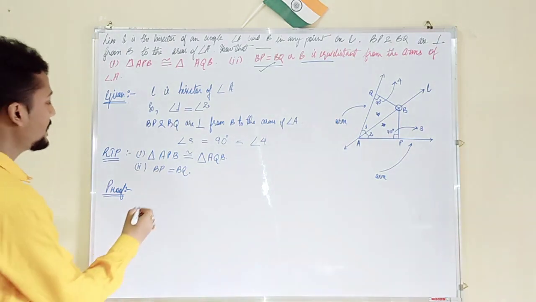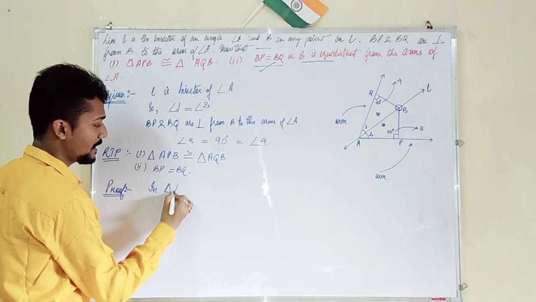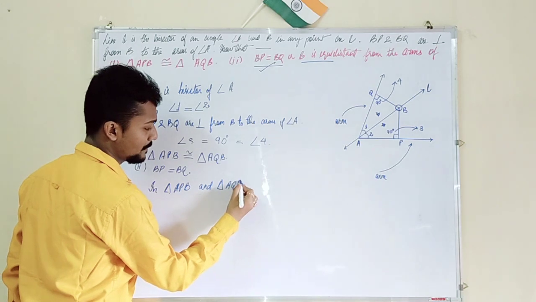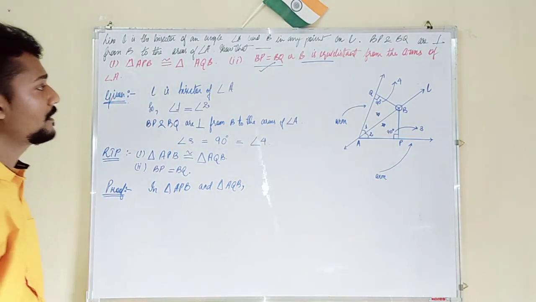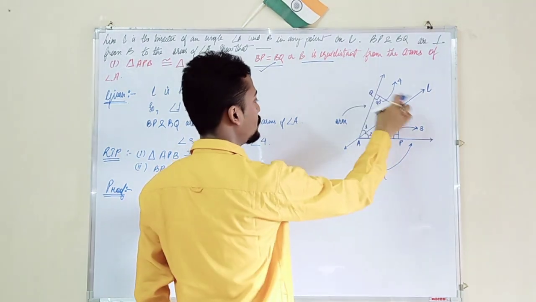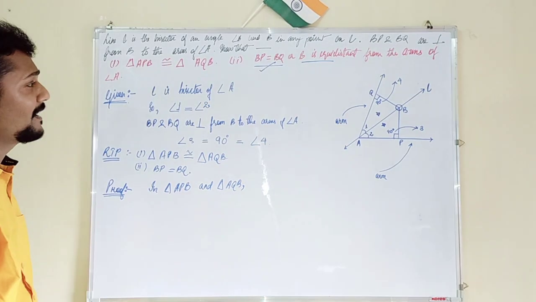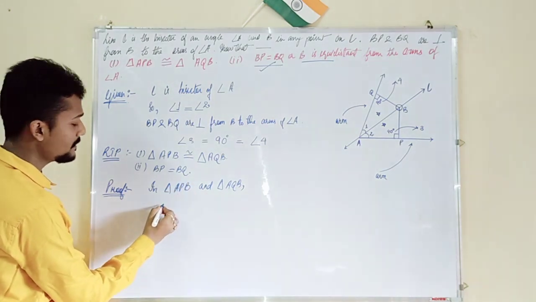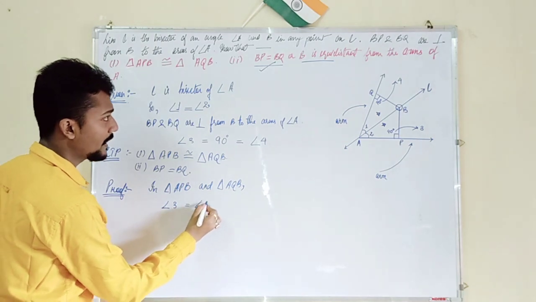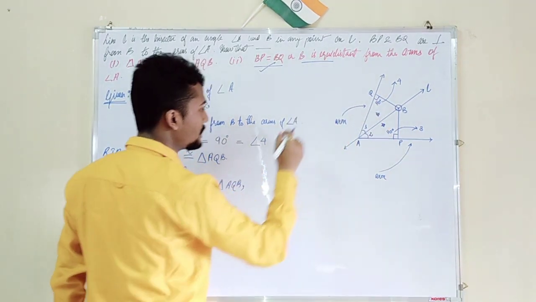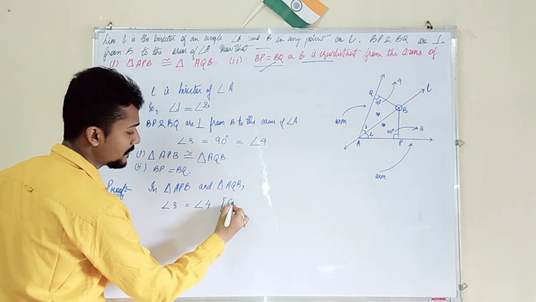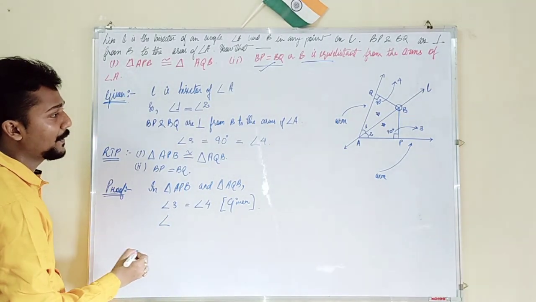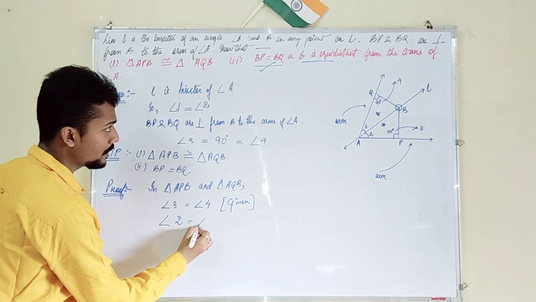So in triangle APB and triangle AQB, in these two particular triangles, what can I say? Angle 3 is equal to angle 4. This particular angle is equal to this particular angle. Why? It is given. Then next, angle 2 is equal to angle 1.